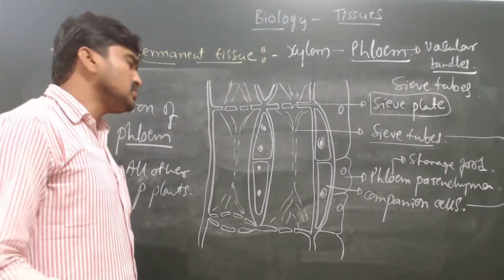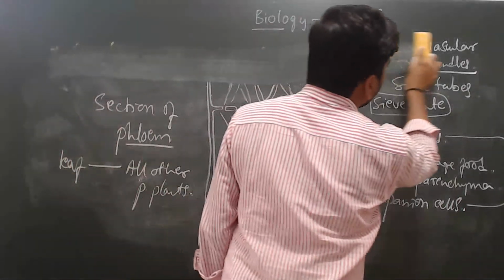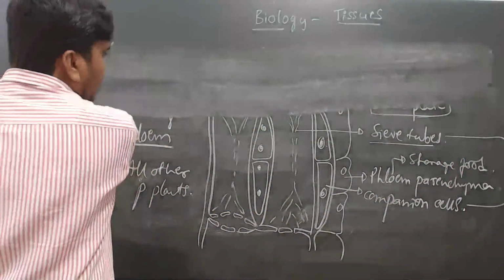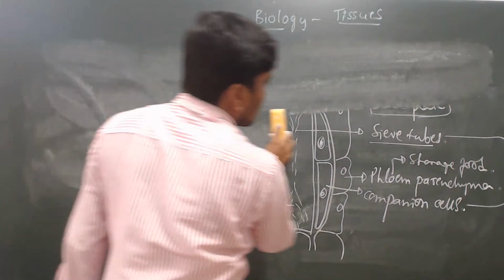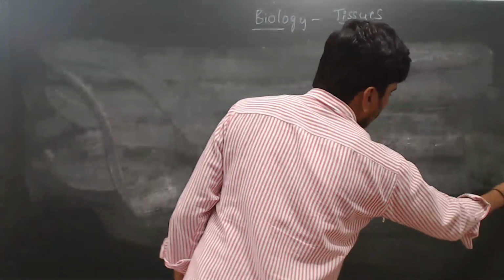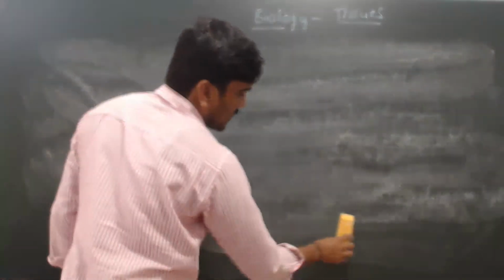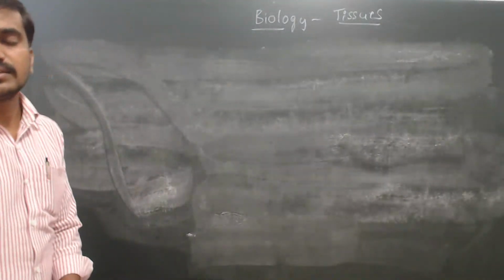Tomorrow we will discuss animal tissues. Here we completed plant tissues including meristematic tissue: apical, intercalary, lateral; then permanent tissue. In permanent tissue, two types: simple permanent and complex permanent. In simple permanent, three types: parenchyma, collenchyma, sclerenchyma.